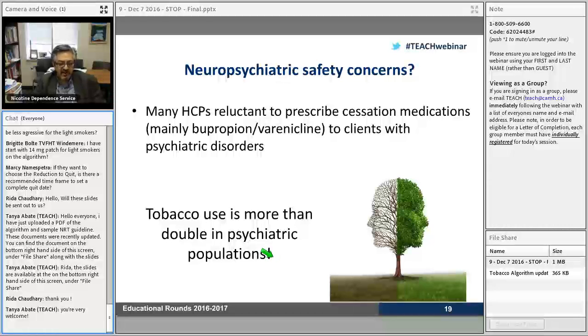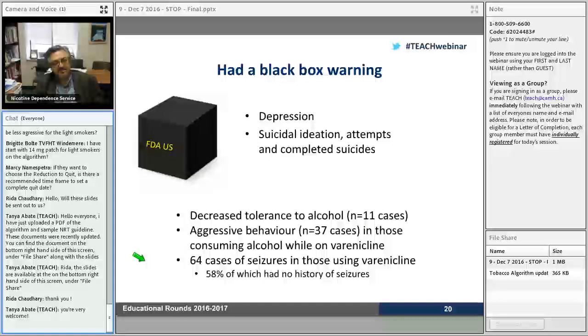But here's the problem. Tobacco use has more than double the prevalence in psychiatric populations. So this patient population is bearing the brunt of the tobacco epidemic as we speak.